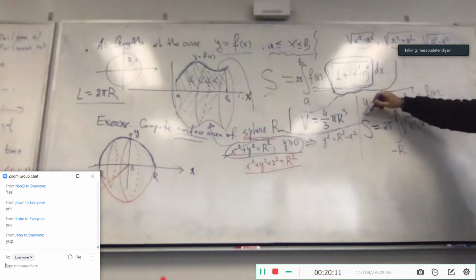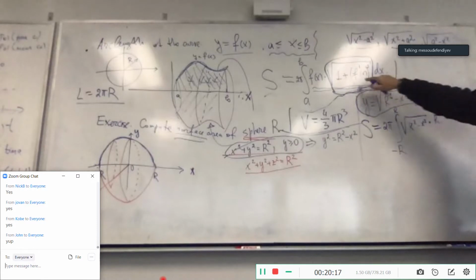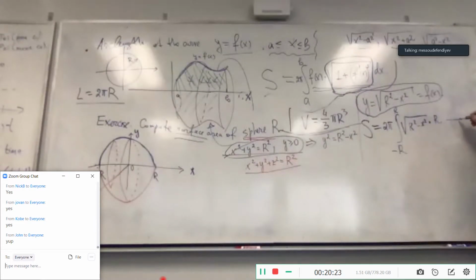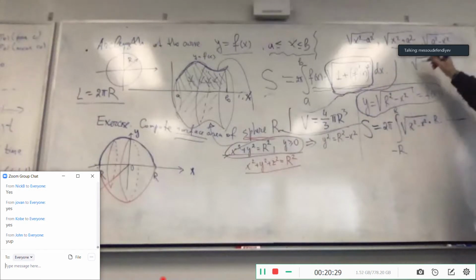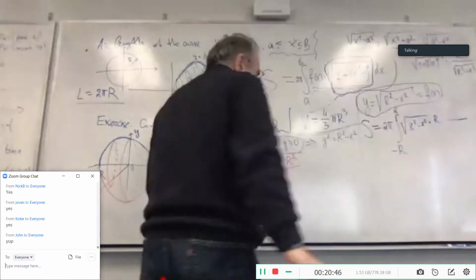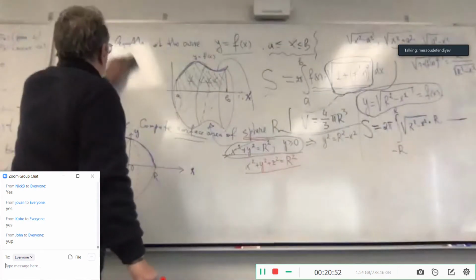This is your f prime of x, and then take the derivative squared and add 1. For this given function, 1 plus f prime x squared, one can easily see that it will be r squared over r squared minus x squared. So you can compute it quickly and then see am I right or not.